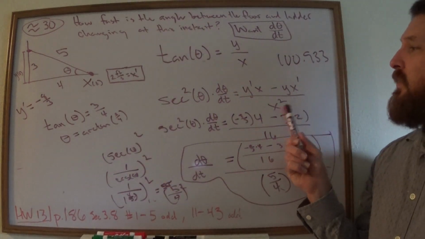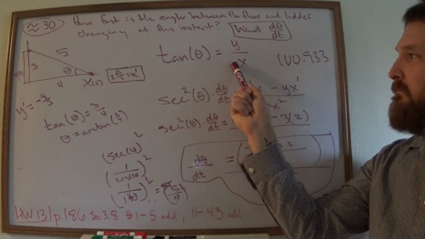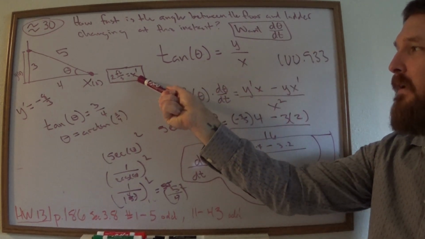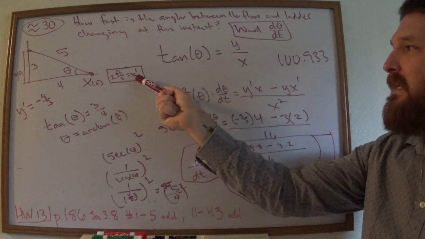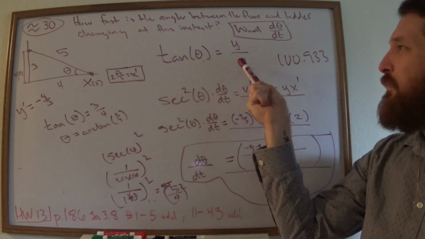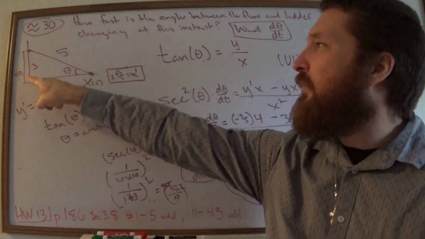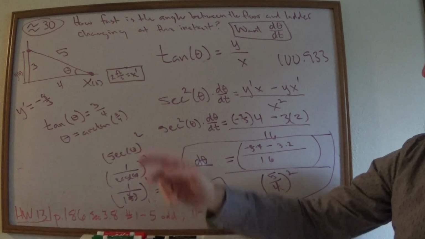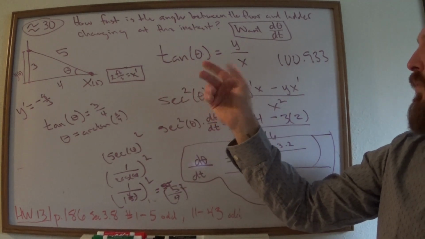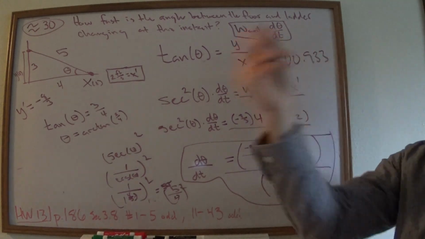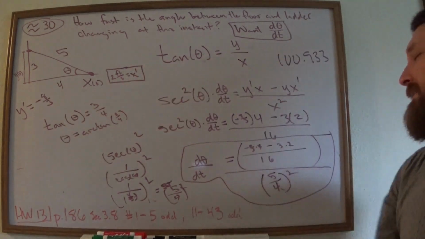Once you set up your equation, as you're setting this up, you need to think, what am I given? Like, if we set this up without an x prime, or without an x in it, like if we did sine theta 3 over 5, we would not have enough info to... well, actually, we probably would.